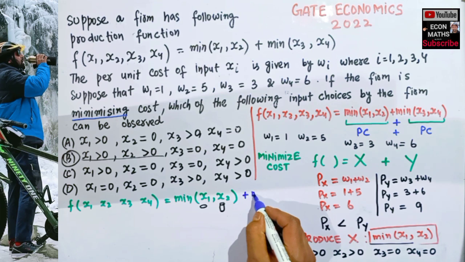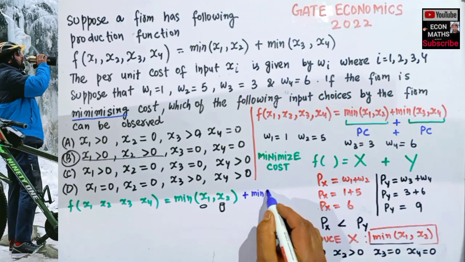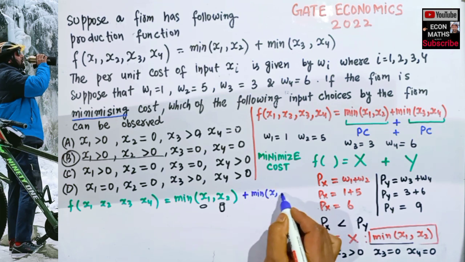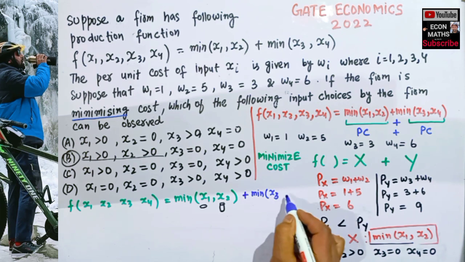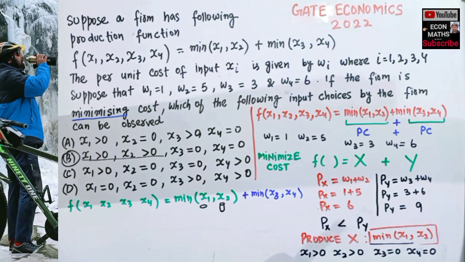Plus we have the minimum of x3, x4, and this function denotes that we are trying to produce a bottle and a cap of Coca-Cola. Let us say this is the cap and this is the bottle.